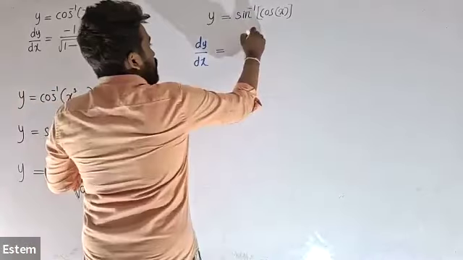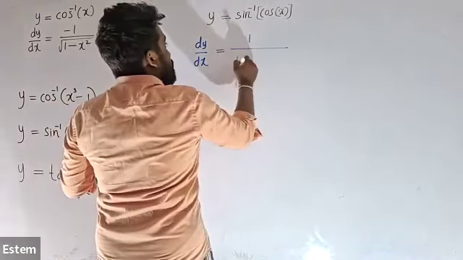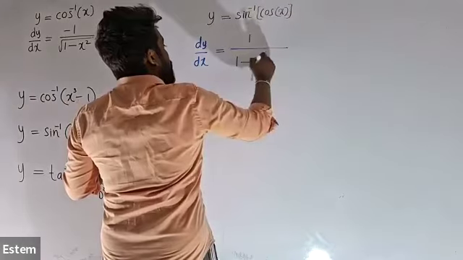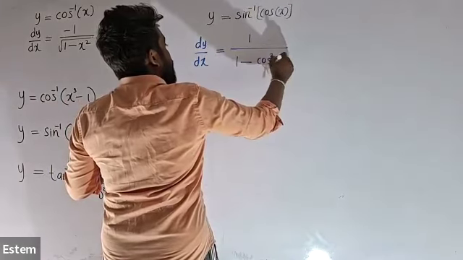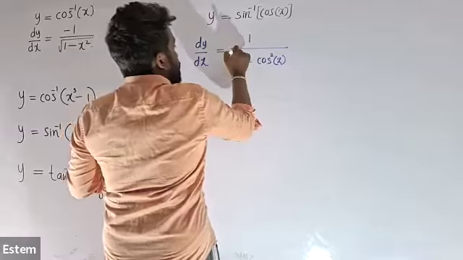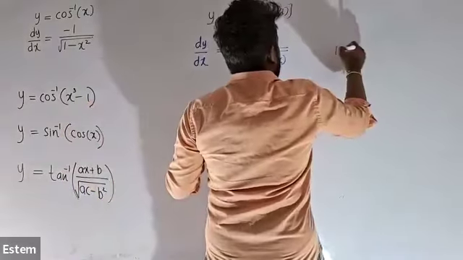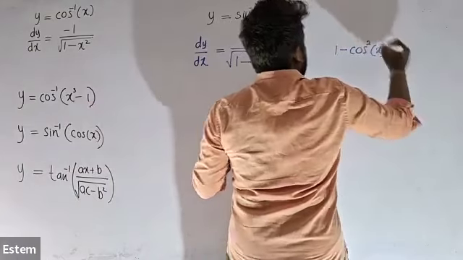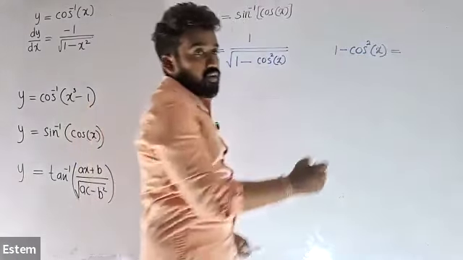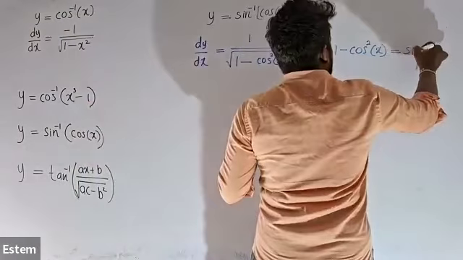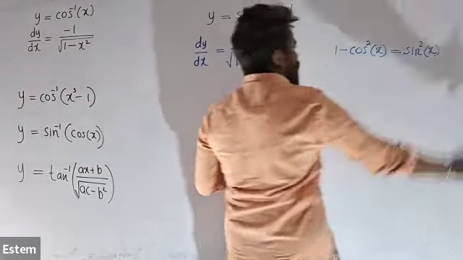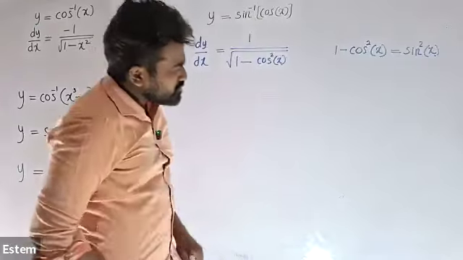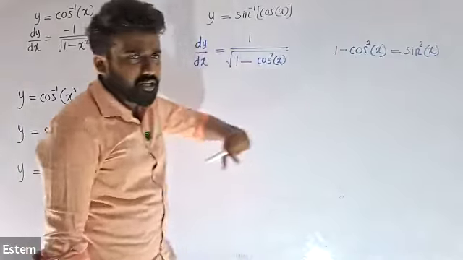It is 1 over the square root of 1 minus the square of this, cos squared x. What is 1 minus cos squared x? It is sine squared x. I think this will be useful for the simplification here.